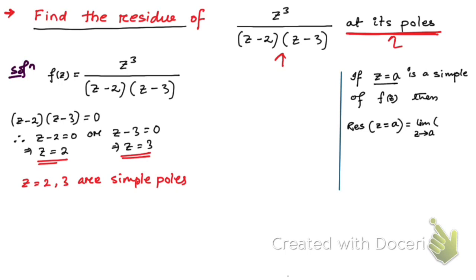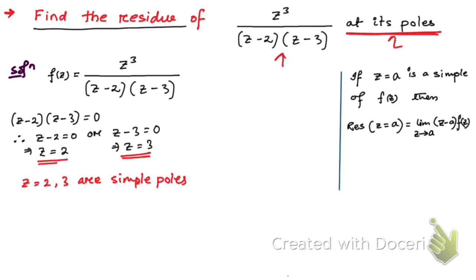Here we have z is equal to a, so we multiply z minus a. If you have z is equal to minus a, then you have to multiply z plus a. Remember that. Here z is equal to positive a, so z minus a should be multiplied with the function f of z, and we take the limit of this product.